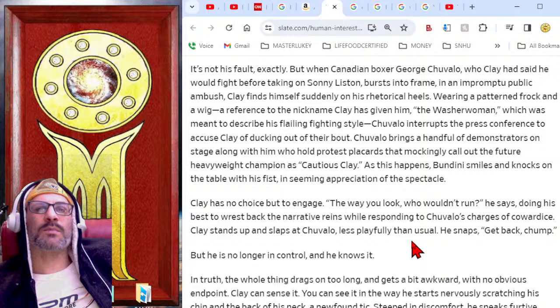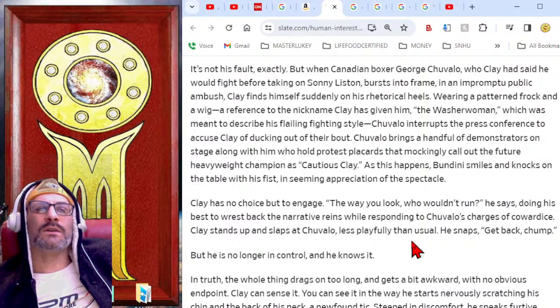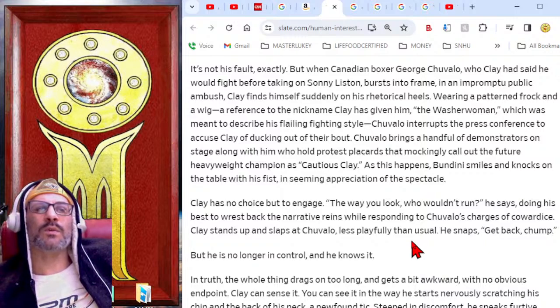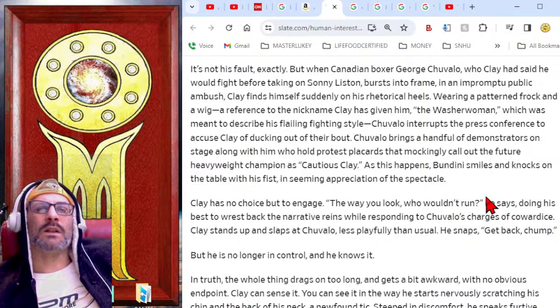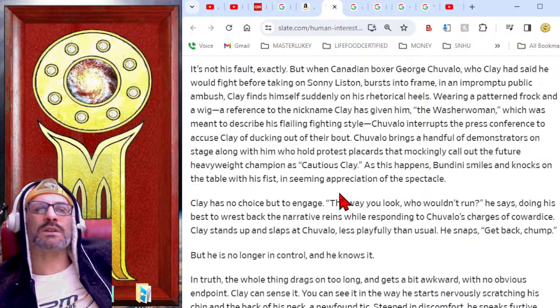Chuvalo interrupts the press conference to accuse Clay of ducking out of their bout. He brings a handful of demonstrators on stage along with him who hold protest placards that mockingly call out the future heavyweight champion as Cautious Clay.